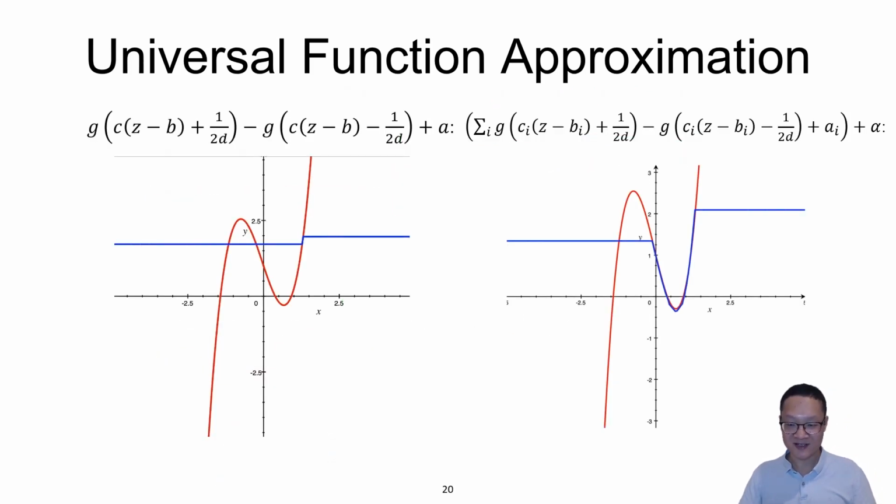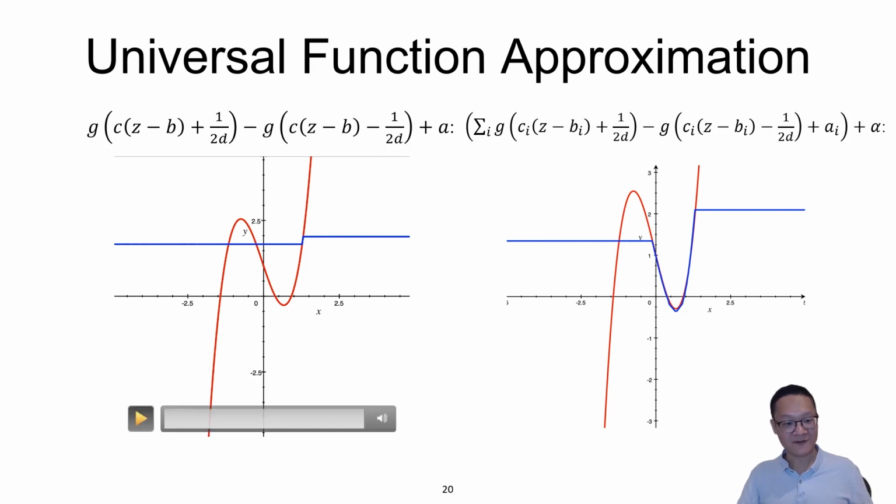So that's basically what the right side is showing. We have everything on the left added together. That's going to give us the gray function that we drew, which is really high up. That's the summation part. We're summing over i for a bunch of these g functions. So g of c_i z minus b_i plus 1 over 2d. We can even have a common d because we just choose d to be pretty large.